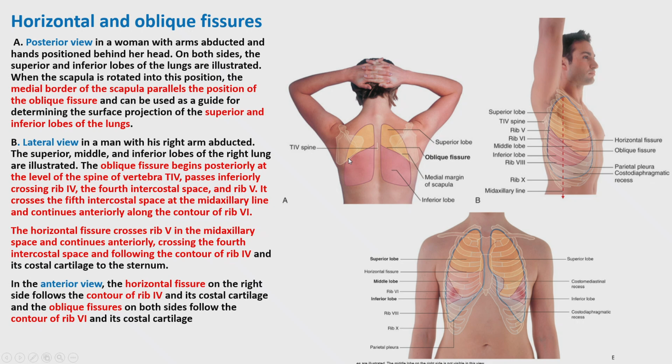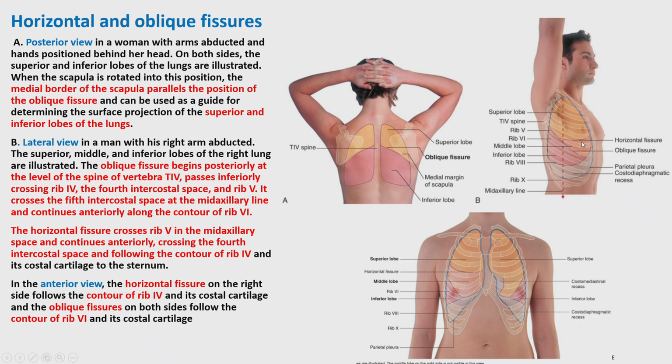And second, if you look from the lateral side, along the line called the mid-axillary line, you can see that the oblique fissure starts at the level of T4, then goes inferiorly to rib 4, then rib 5, and then parallels the passage of rib number 6, as you see here.